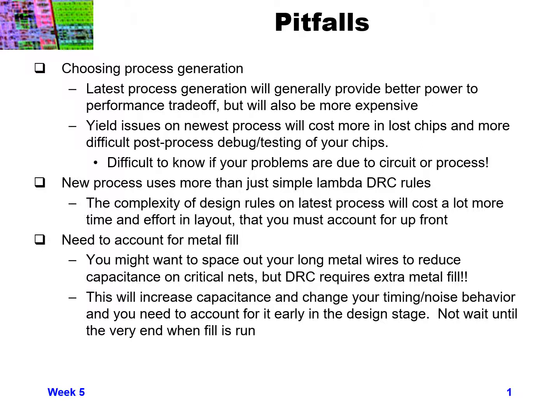This is going to increase your capacitance, and it's going to change your timing and noise behavior on these critical signals, and you don't want to wait and find out until the very end. You're running these metal DRC checks late in the design and find out that your circuit's actually broken. So you need to account for this early on.